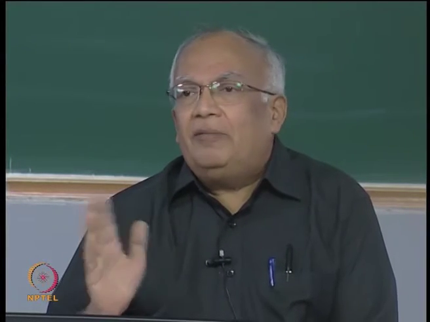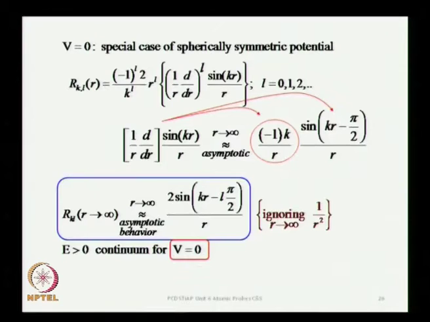It is an approximate result, but good enough, because the terms that are ignored are the terms in 1 over r square or weaker, and therefore this is a fairly acceptable solution. So this is the solution that we shall be using.